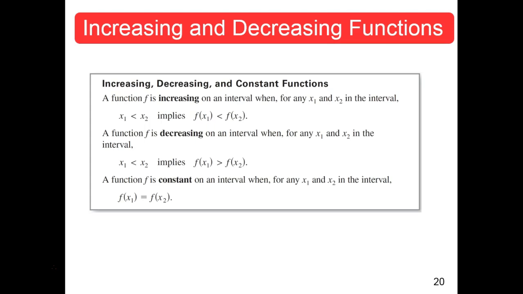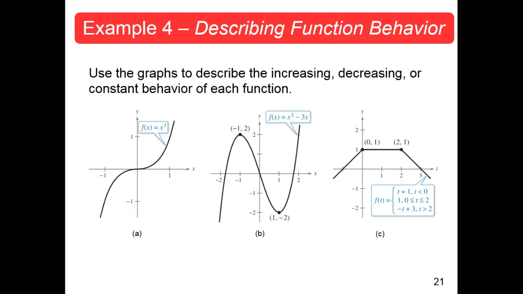And a function is said to be constant on an interval if, for any x1 and x2, doesn't matter the order, f of x1 is equal to f of x2. Always. No matter which two values you choose on that interval, they're always equal. Then it's a constant function. So that sort of makes sense. A lot harder to visualize though. Graphs are great for that.